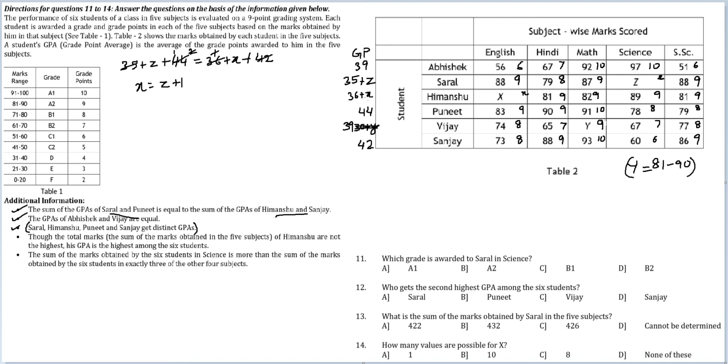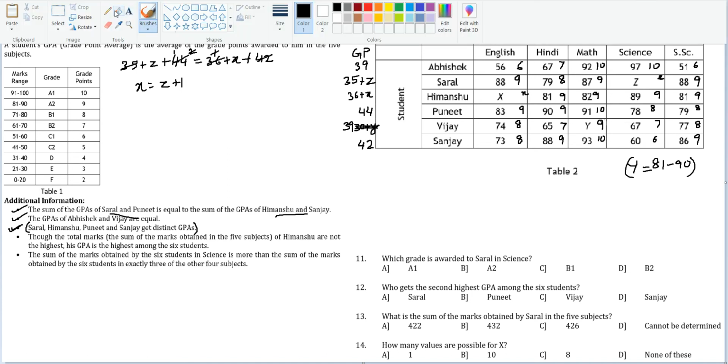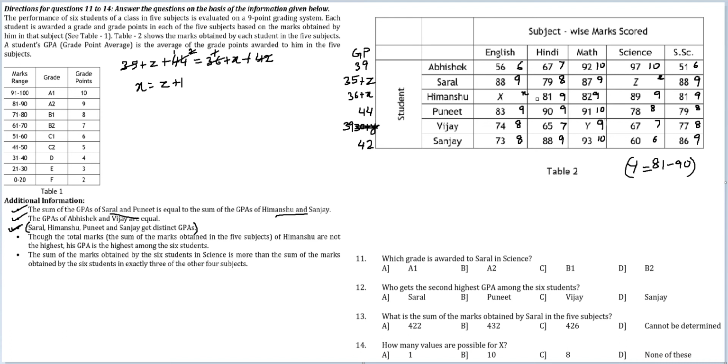I cannot give X 10, because if I give X 10, Saral's grade point total and Puneet's grade point total would be identical, which is banned from the third point. So I would have to give X how much? 9. Yes, I would have to give X 9. So X will definitely be 9. Let me remove these points then. X will definitely be 9 and correspondingly Z will definitely be 8.